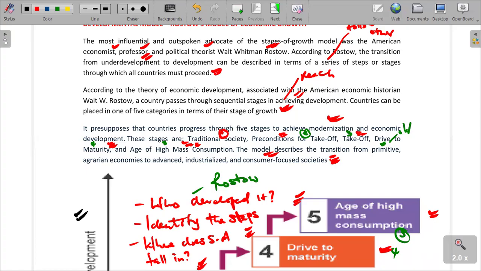And then the model describes this transition from an old, ancient, primitive, traditional agrarian economy to advanced industrialized and consumer-focused societies, which are achieved by almost every country through the five stages that he identified here.